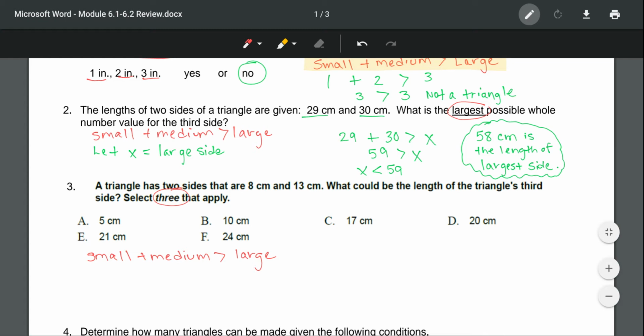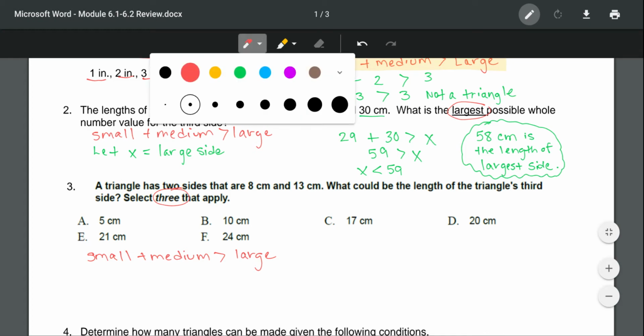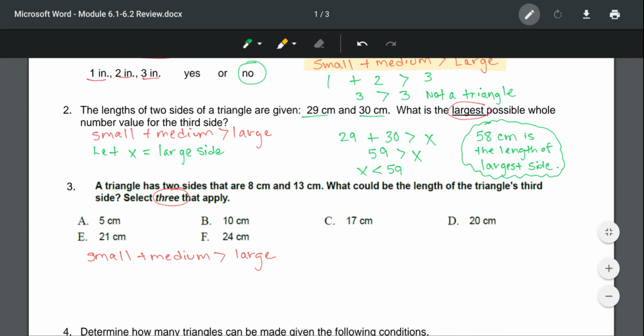First I'm going to look for the largest that my triangle length could be, and then I'll look for the smallest that it could be. If 8 and 13 are my sides, I could let 8 be the small side, then 13 be the medium side, then I'm going to let x be the large side. So 8 plus 13 would be 21. So if 21 is greater than x, that means x is less than 21.